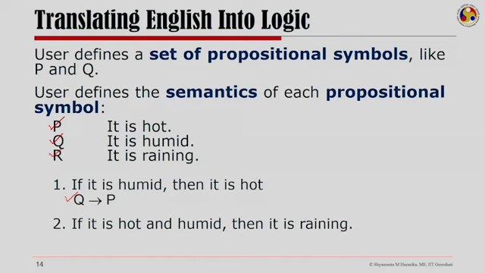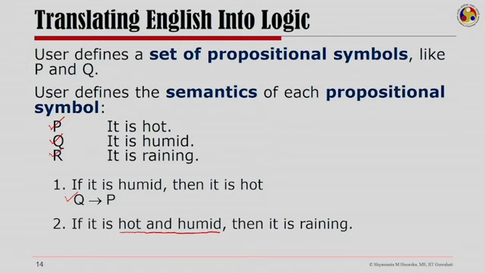Let us take a little bit more involved statement. Here is a statement which says if it is hot and humid then it is raining. So, here before I think of putting the implication, I need to realize that I have a conjunction of two propositions, one being hot, the other being humid.